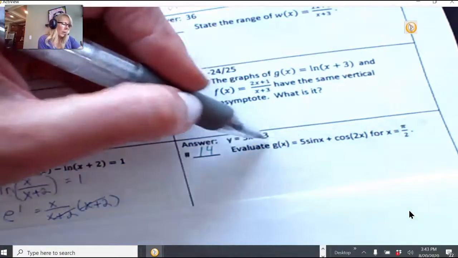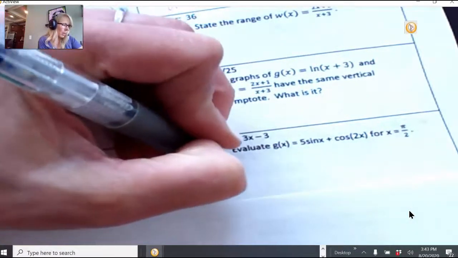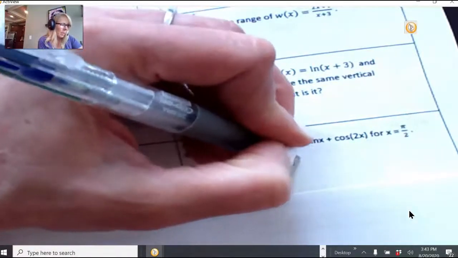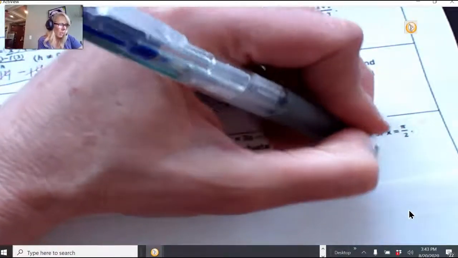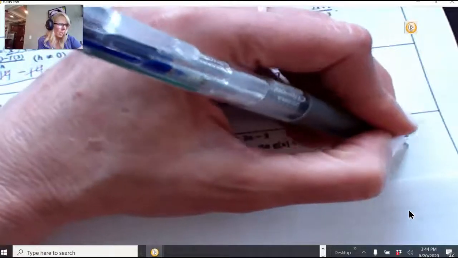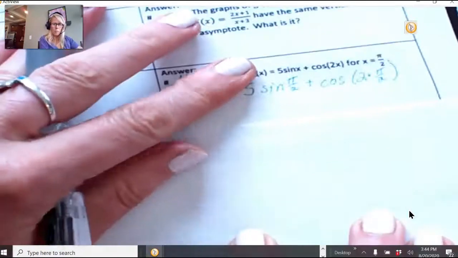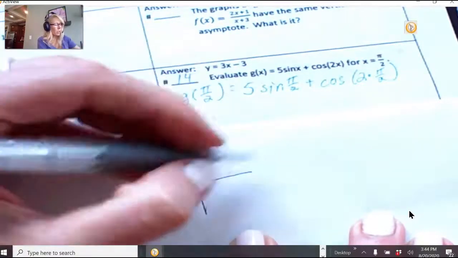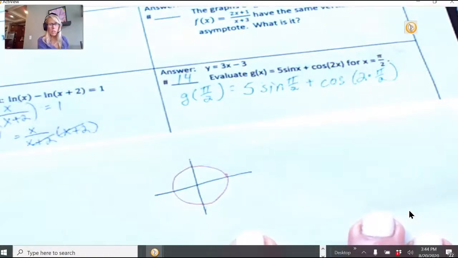Okay, so evaluating this, let's go ahead and plug in the x value. So that means g of pi over 2 is equal to 5 times sine of pi over 2 plus cosine of 2 times pi over 2. So hopefully you remember that with the unit circle. The x values of your unit circle are your cosines. Your y values are your sines.